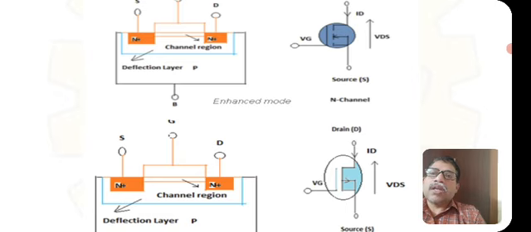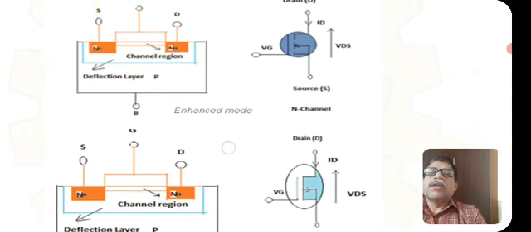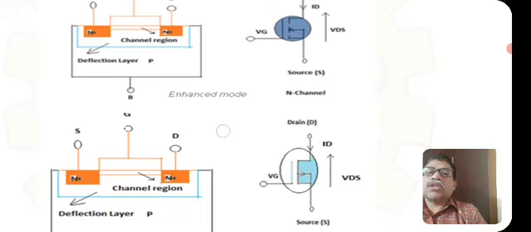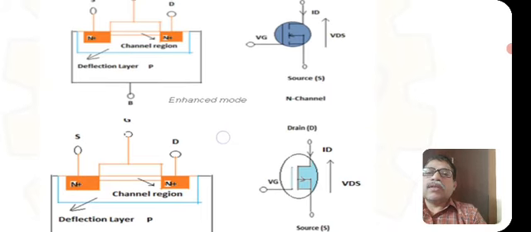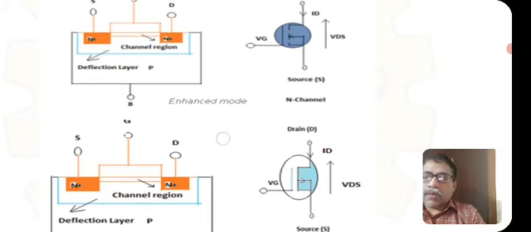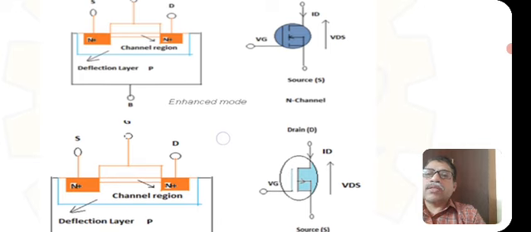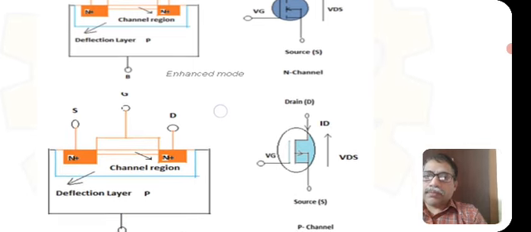Therefore it is an N channel, whereas the top is the enhancement mode N channel MOSFET and the bottom is the depletion mode N channel MOSFET, where in the symbol and the structure, the direction of current differs in enhancement and depletion mode MOSFET.